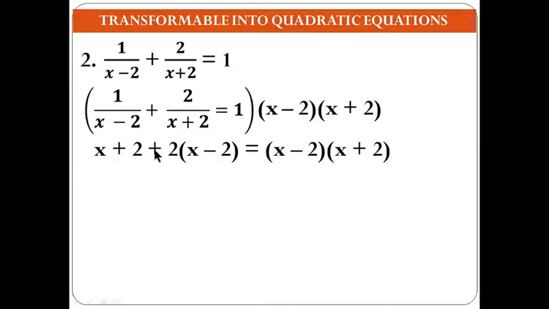Next, x minus 2, then x plus 2 divided by etong next na denominator which is x plus 2. So, again, x plus 2 and x plus 2. So, cancelled out. Ang naiwan ay x minus 2. Then, multiply it to the numerator.